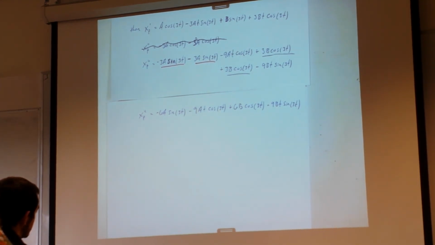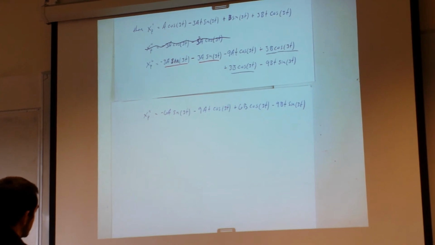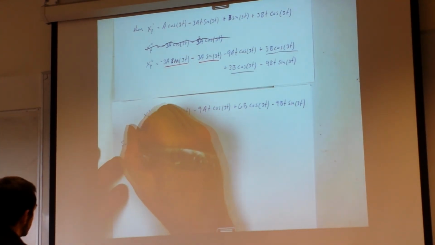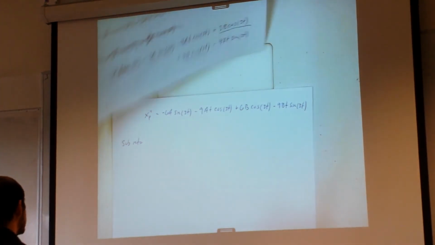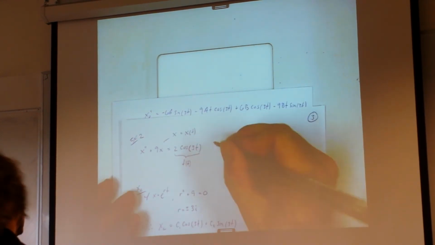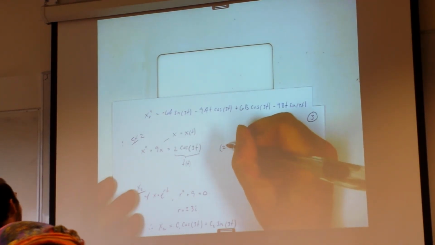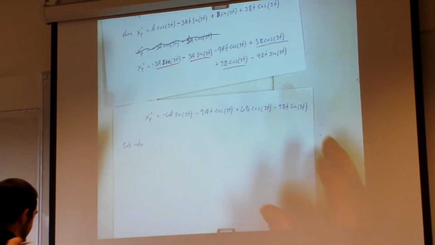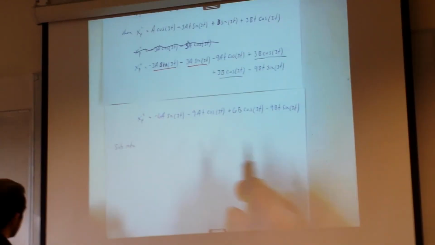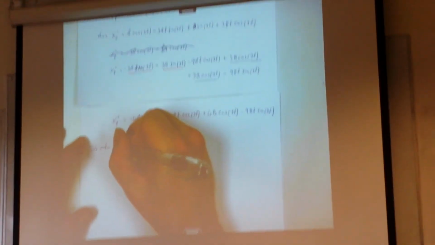All right, so now we get to sub x prime and x double prime into, and let's call this equation 2 right here. So into our original equation 2. So x double prime plus 9x, so it's all of that.